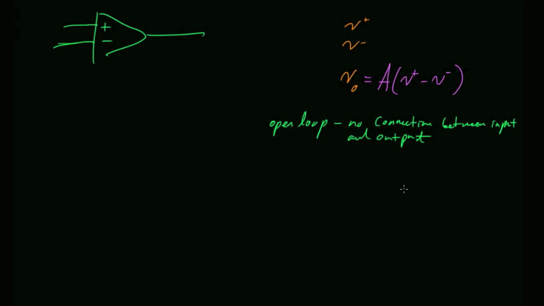We use what's called a negative feedback configuration. When you have a negative feedback configuration, essentially what that means is that the V minus connects somehow to the output.